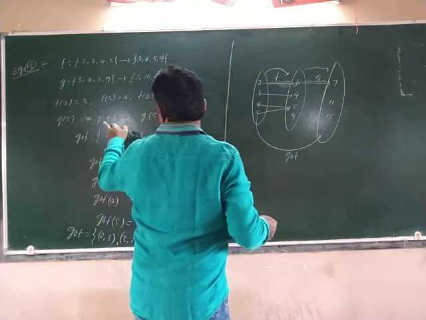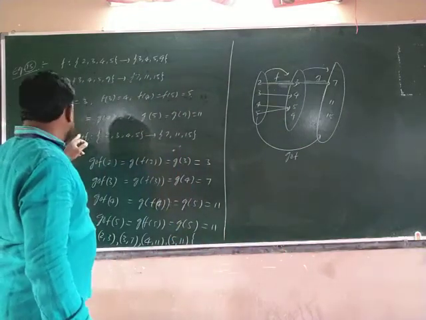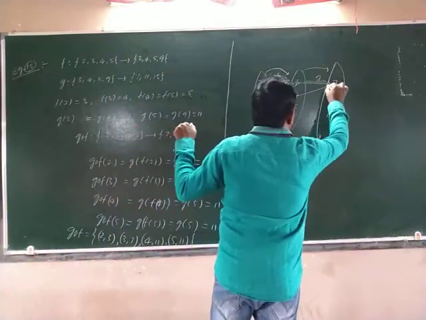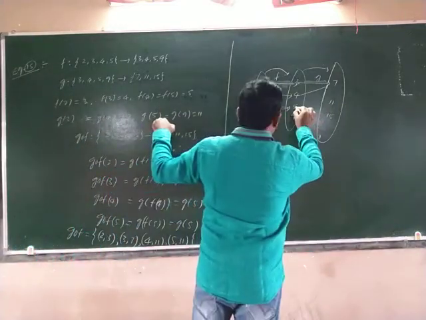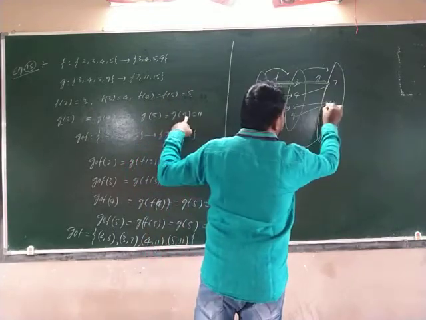Next, 4 is also related to 7. Next, 5 is related to 11, and 9 is also related to 11.